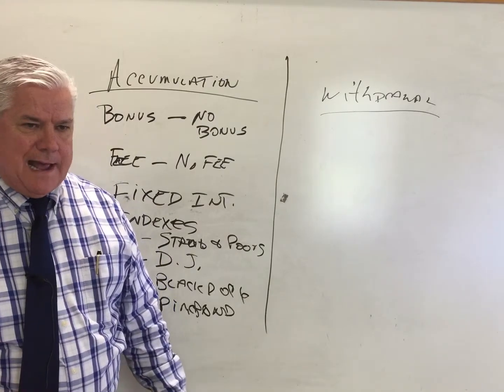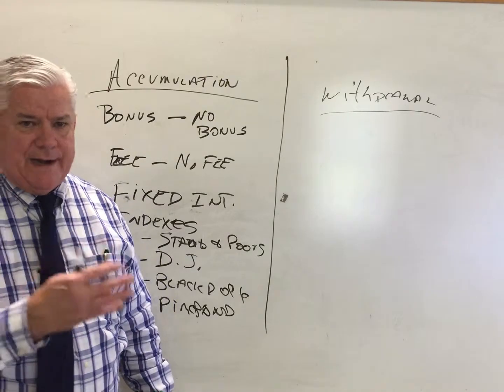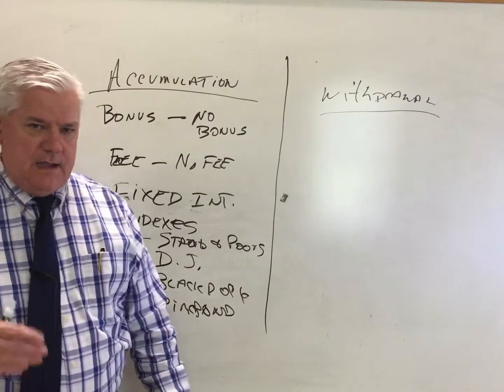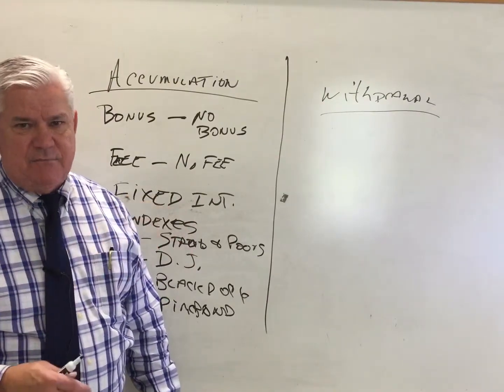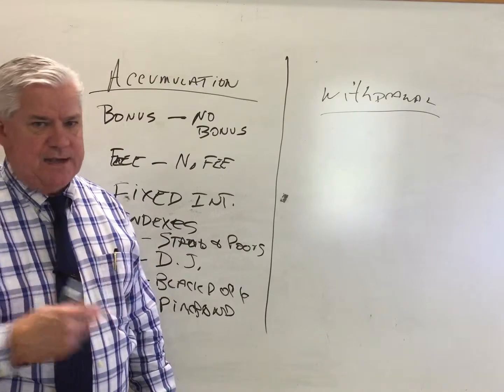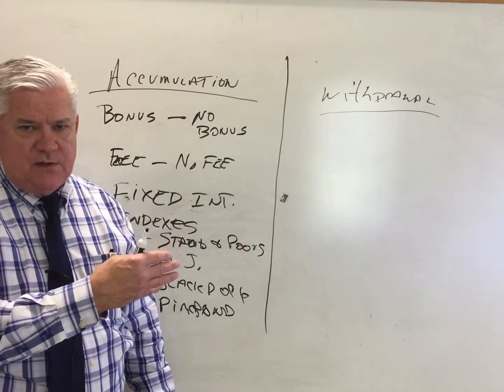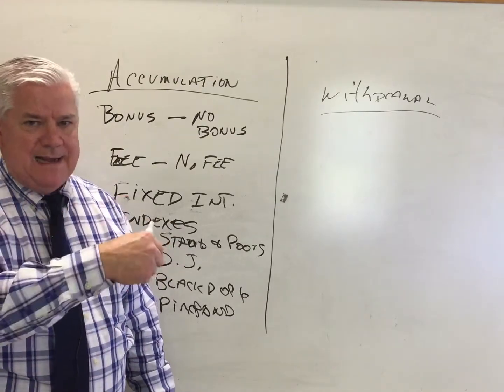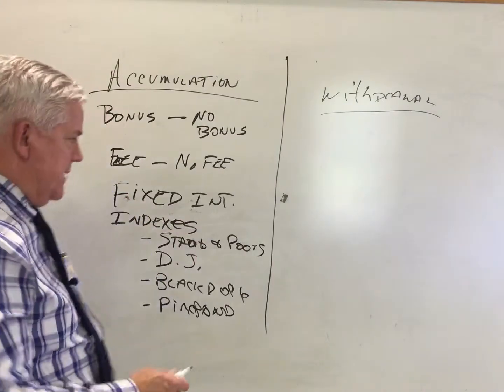Depending on what index you put the money in, if that index performs positively from one year to the next or one month to the next, depending on how it's done, then they're going to add that interest to the money they pay.